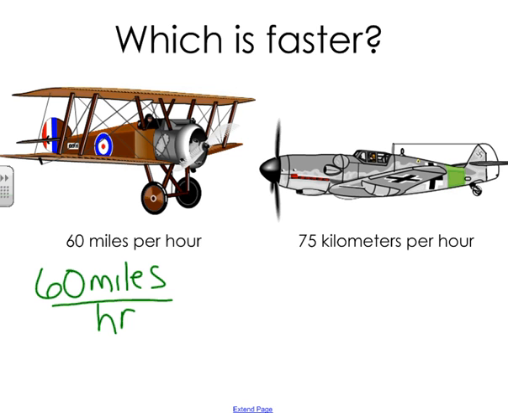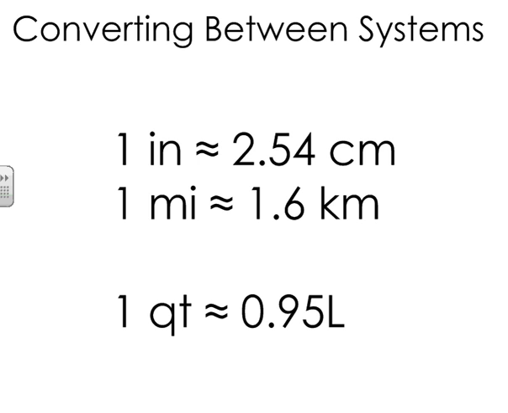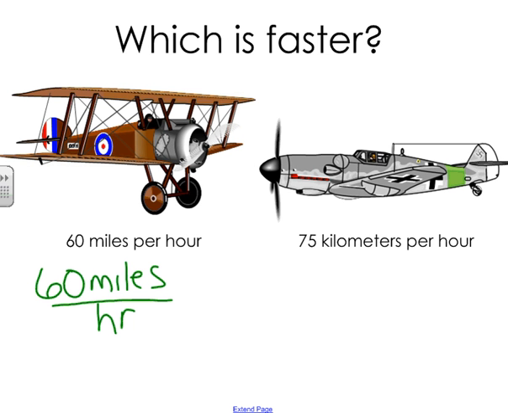So if I look back, 1 mile is approximately 1.6 kilometers. So that's the conversion that I need for this problem. So I'm going to multiply by a special form of 1. 1 mile was approximately 1.6 kilometers.